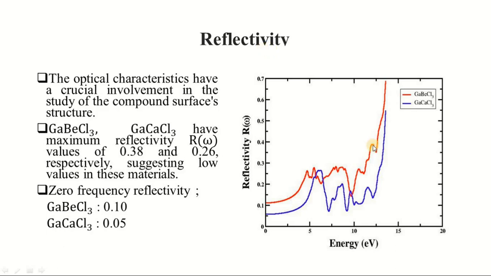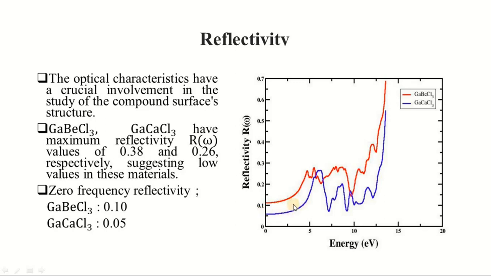It is clear from the figure that for GaBeCl3 the maximum reflectivity is observed at 0.38, and for GaCaCl3 the maximum reflectivity is observed at 0.26 respectively. So these are low values in these materials. Moreover, the zero frequency reflectivity for GaBeCl3 is observed at 0.10, and for GaCaCl3 it is 0.05.